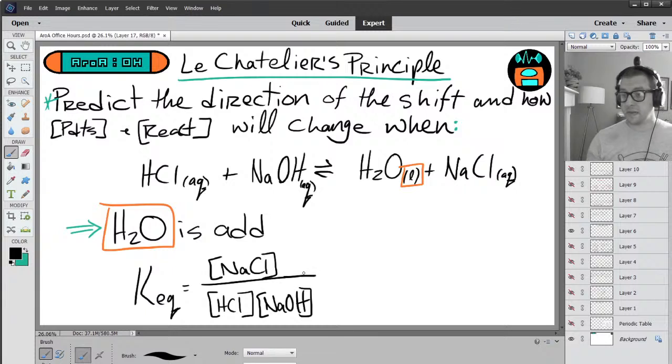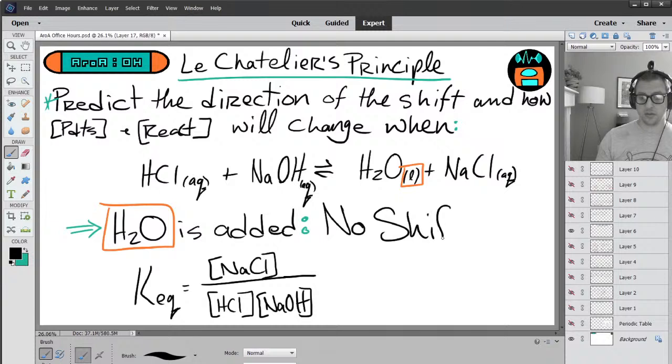You only include species that are in the aqueous phase or the gas phase in your equilibrium constant. Liquids and solids do not experience a change in concentration because they're pure substances, so they're not included in the equilibrium constant. That means that when H2O is added, the result is no shift.